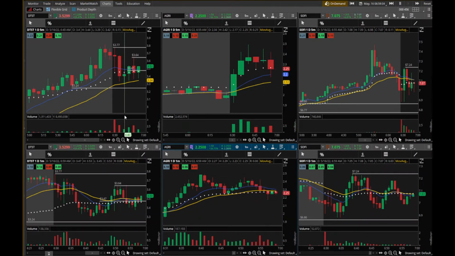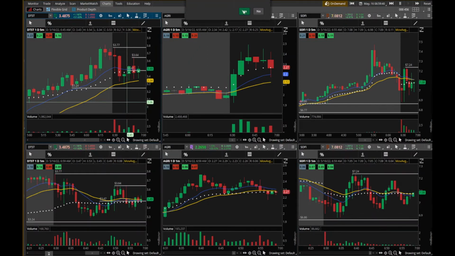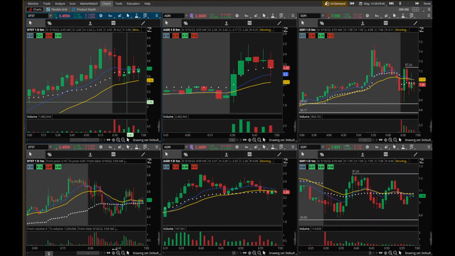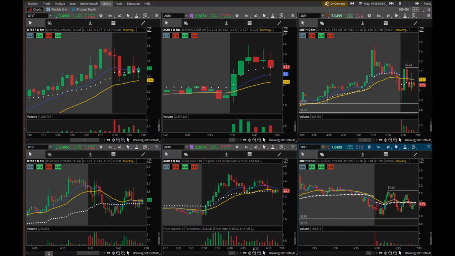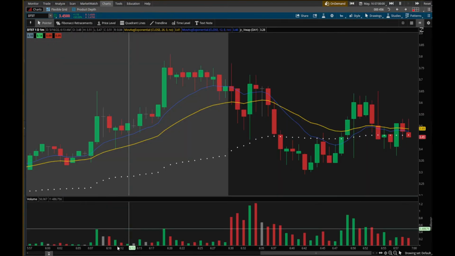Removing the drawings. Too many drawings. Yeah, just a lot of chop right now, a lot of sideways action. Let's make this bigger.